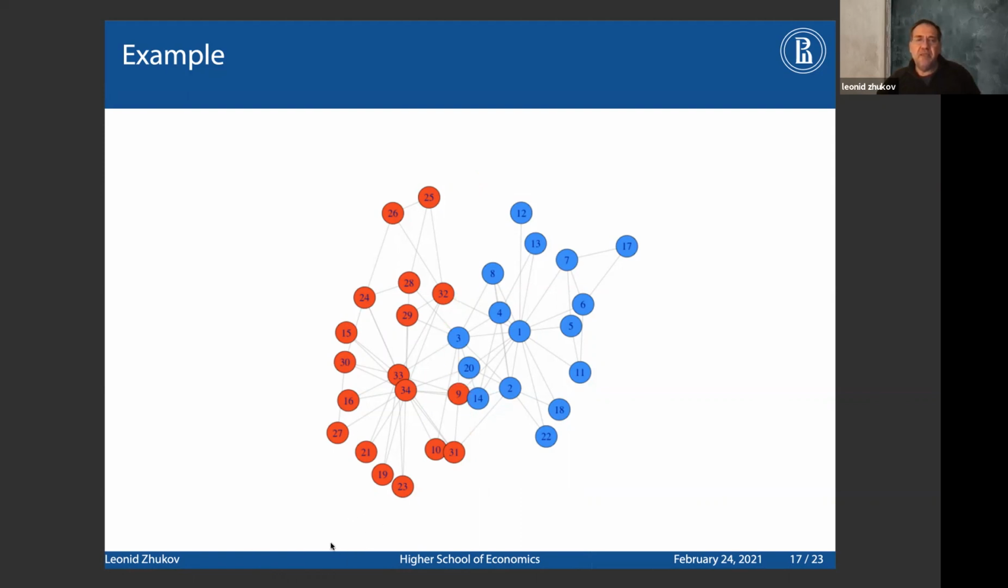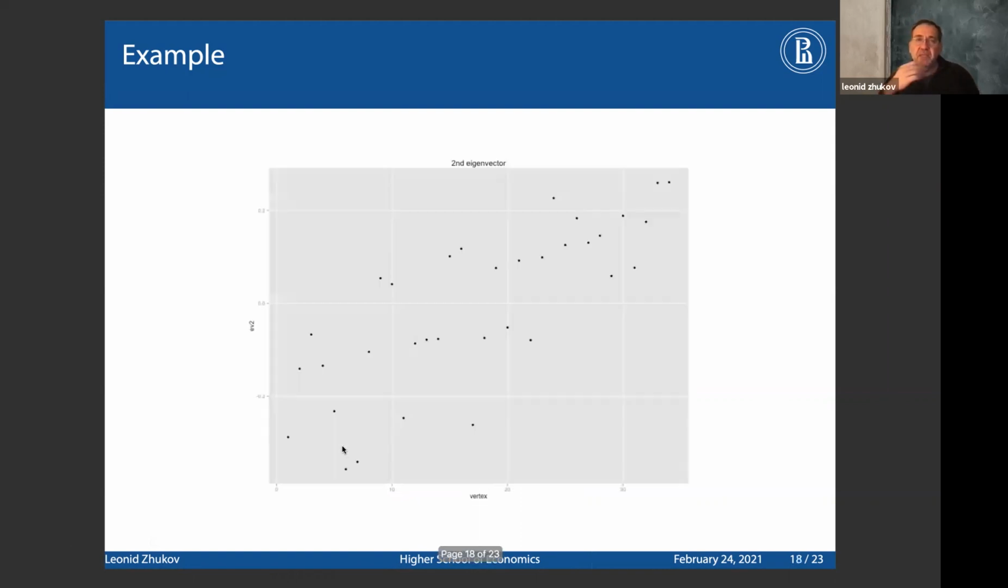Now, there is actually an even more interesting story here that makes this algorithm quite fascinating. So this is the second eigenvector, right? This is the picture we just saw.